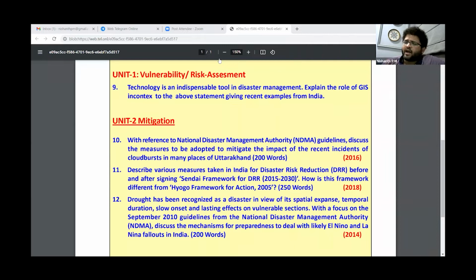The need of the hour is to have proper systems in place and take structural and non-structural measures so that the impact of the cloudburst is mitigated to a great extent, and the loss of human life and property is reduced to a great extent. And then on that you can conclude this particular answer.